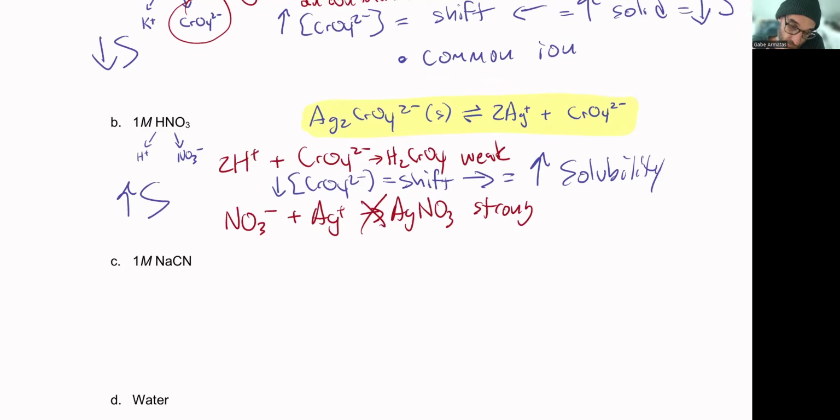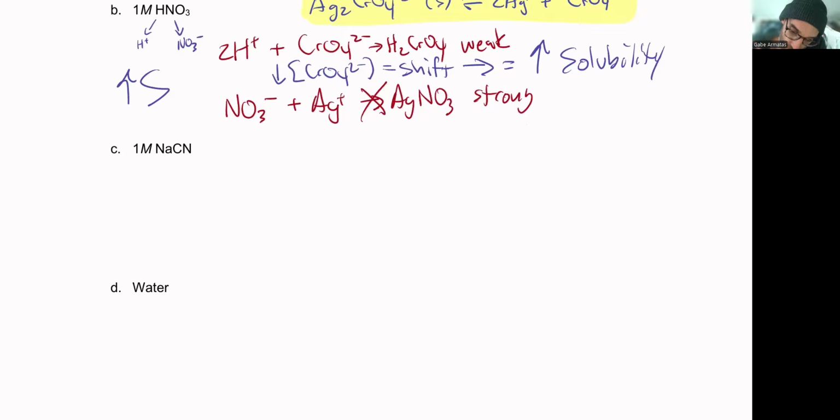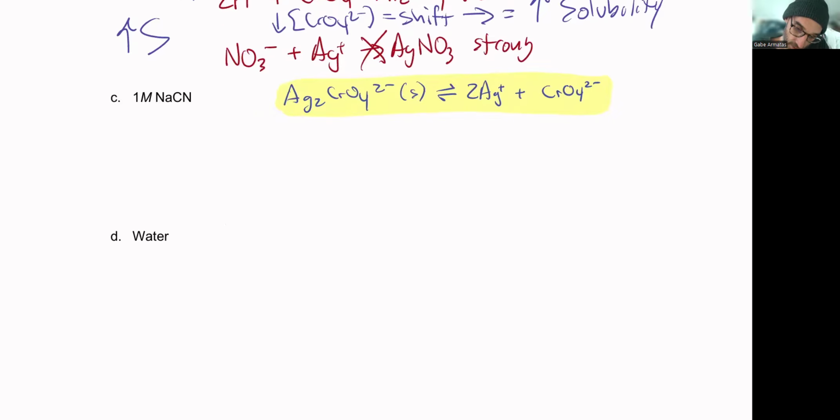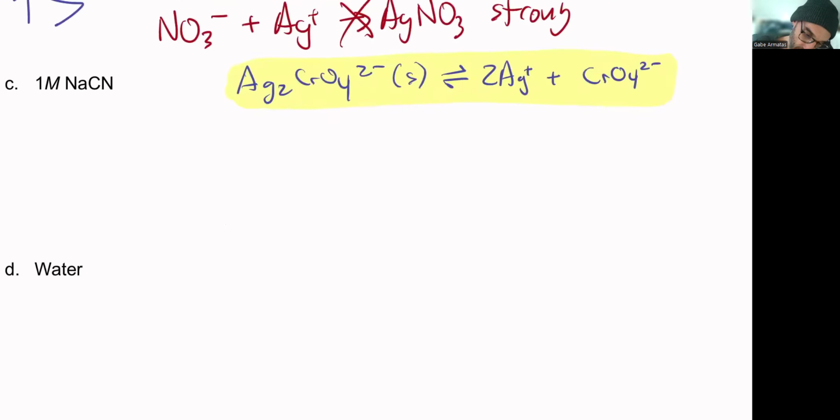All right, next one. So again, same idea: how is it going to affect silver and chromate, and therefore how is it going to affect our equation? We are going to divide this into two parts: sodium ions and cyanide ions, CN minus. Are either of those a common ion?